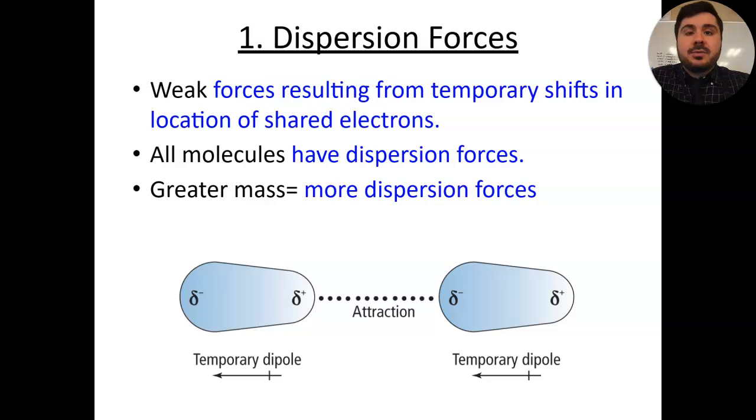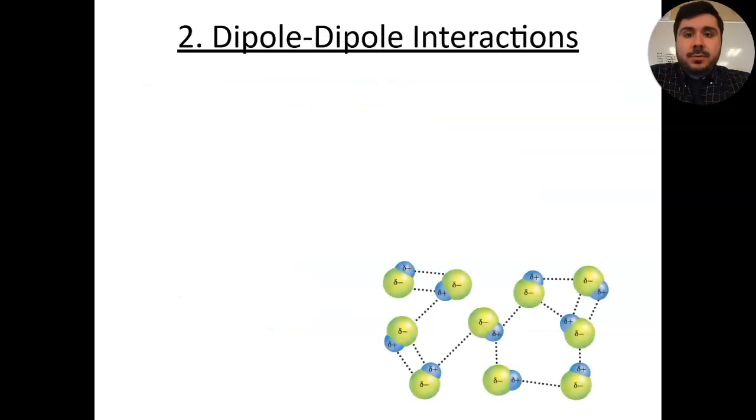So if you can calculate the formula mass of that substance, the greater that calculated formula mass is, the more powerful those dispersion forces are, right? So small in formula mass substances, right, that don't weigh a whole lot, are going to have the weaker dispersion forces, whereas substances that have a higher formula mass are going to end up having more and stronger dispersion forces, right?